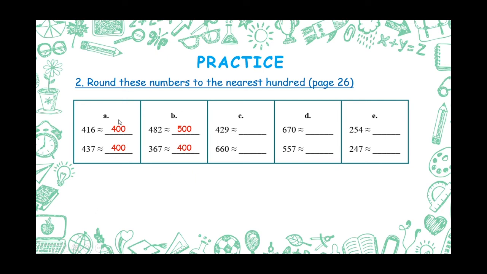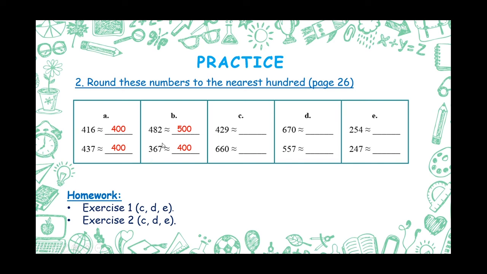Well done. Remember to write the answers in your book, and C, D and E I want you to do by yourself for homework. Okay, our homework will be to finish exercise 1 and exercise 2, C, D and E.